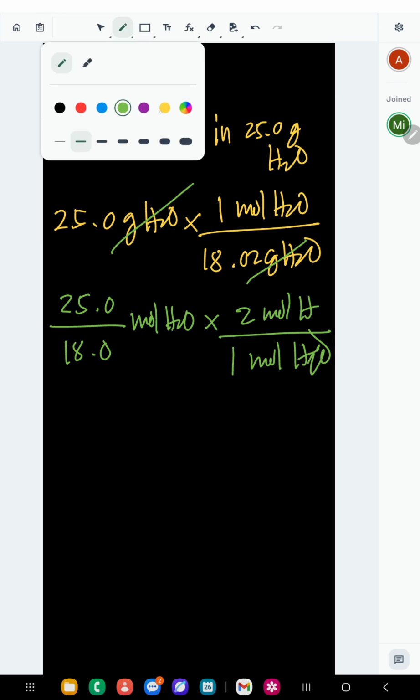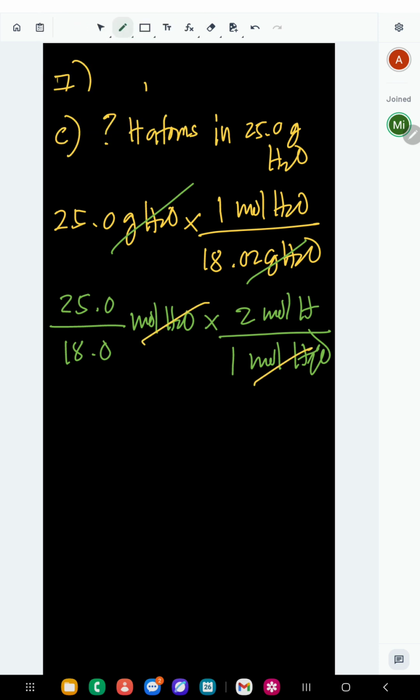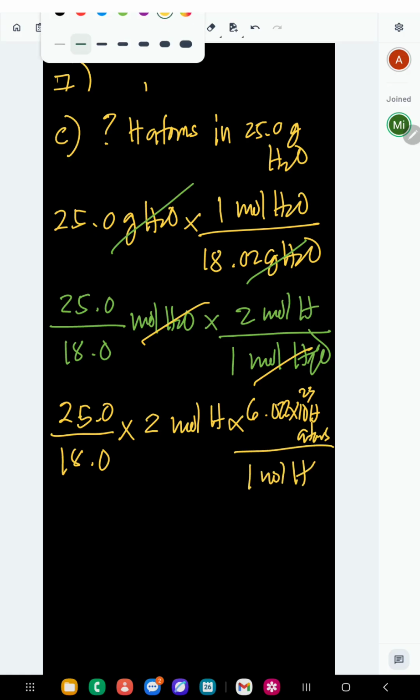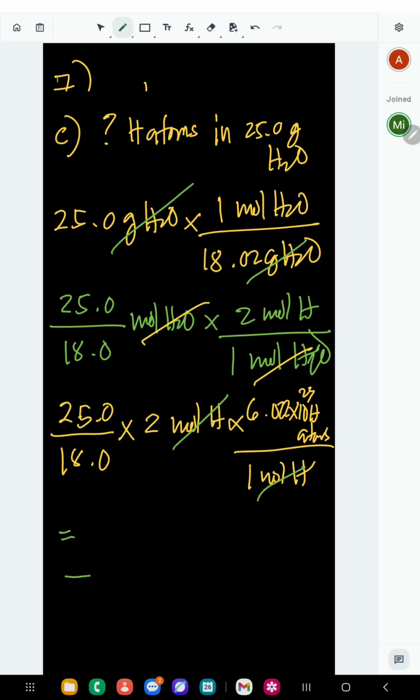Then the mole water cancels out, because we are asked for the atoms. So this would become 25.0 over 18.0 times 2 moles hydrogen times Avogadro's number, 6.022 times 10 to the 23rd hydrogen atoms per 1 mole hydrogen. So the unit mole here cancels out, and we will be left with hydrogen atoms.